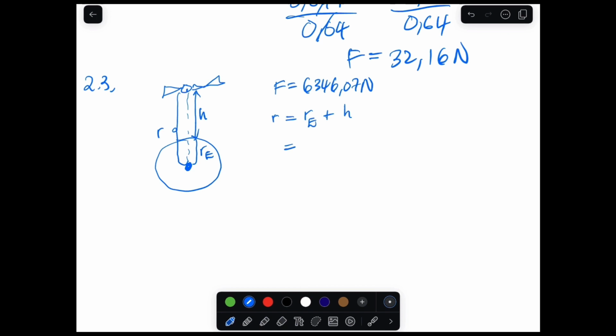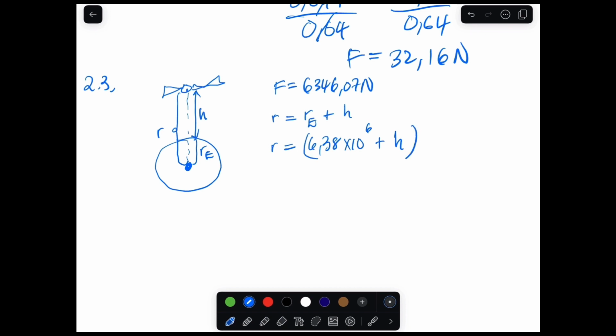So what is the radius of the earth? You are given in the data sheet, 6.38 times 10 to the power 6 meters, plus the height, which is the one that we want, right? So this is our radius.